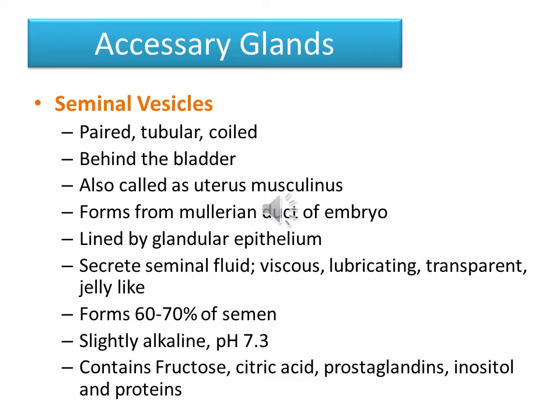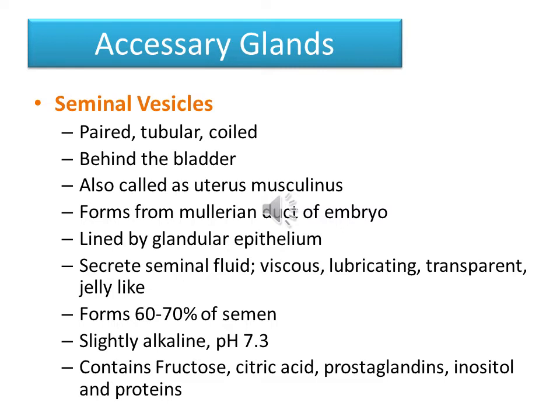Now, its components are very important, because these can be asked in exam. So seminal fluid, also known as seminal plasma, contains fructose, citric acid, prostaglandins, inositol and some proteins.